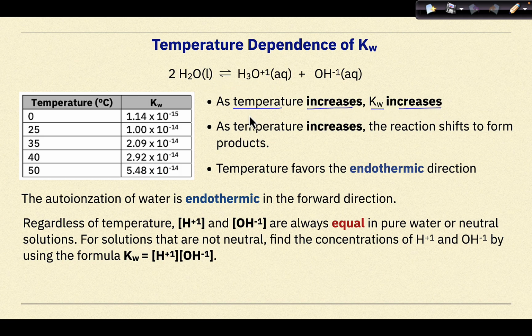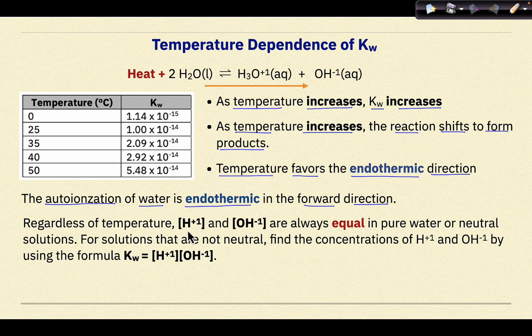In this equation, we can represent temperature over on the reactant side. So as temperature increases, the reaction shifts to form products. So temperature favors the endothermic direction. The autoionization of water is endothermic in the forward direction.